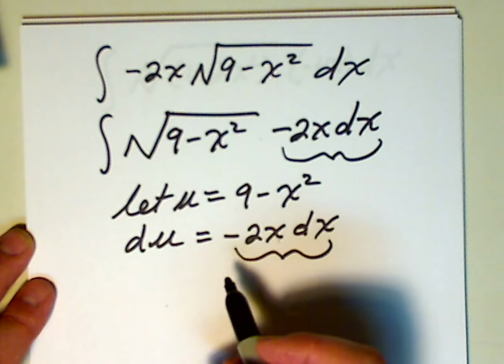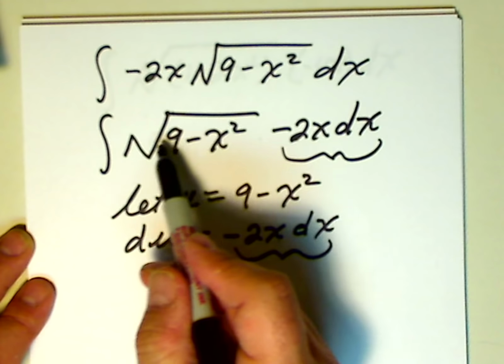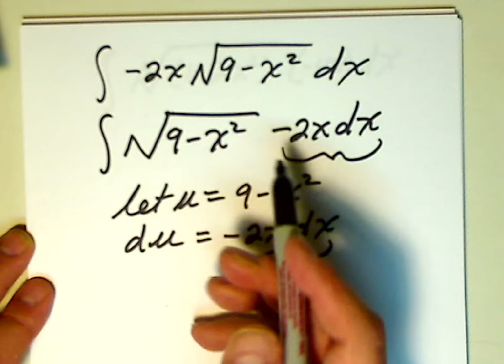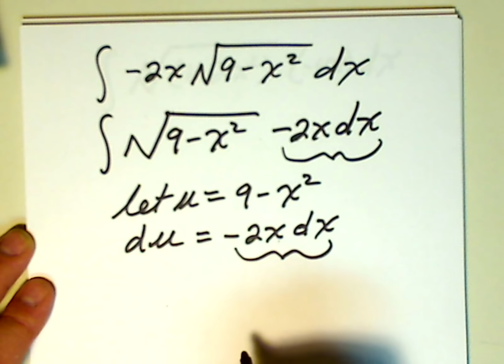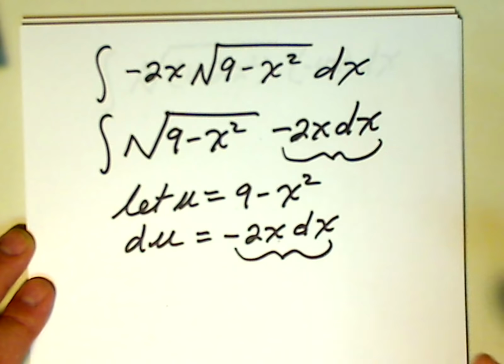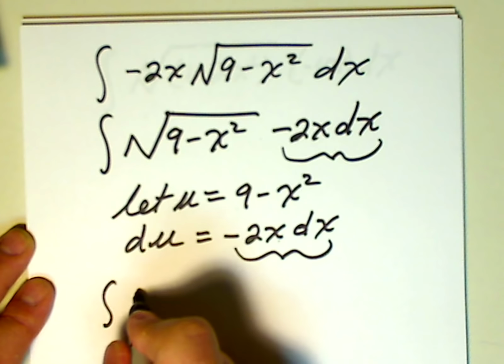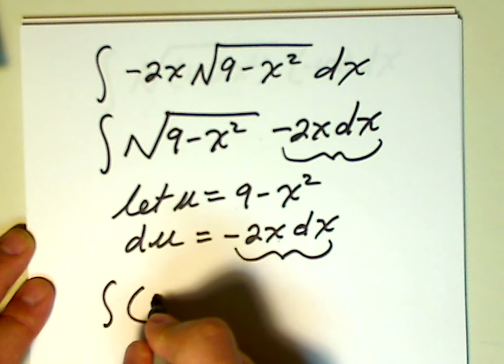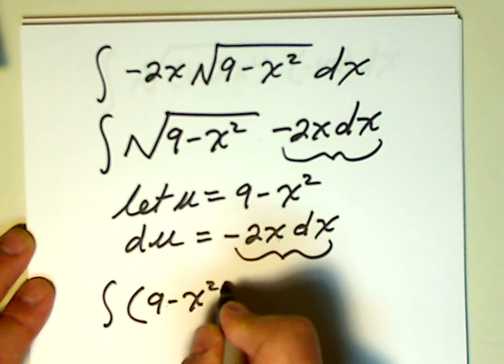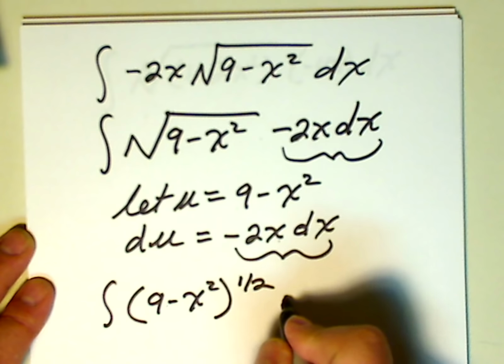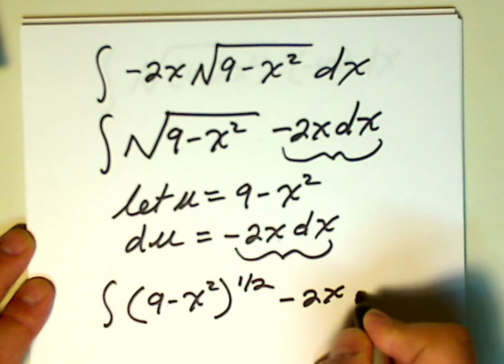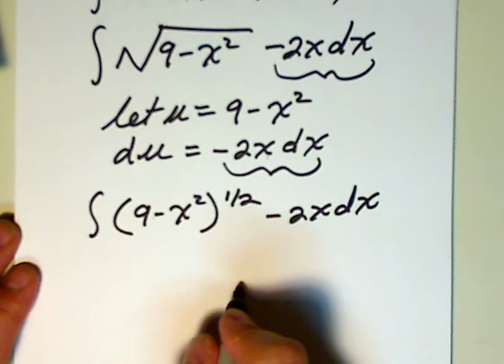Now we're going to rewrite this square root with a fractional exponent as opposed to the radical. So we have the integral of (9 minus x squared) to the 1/2 times negative 2x dx.